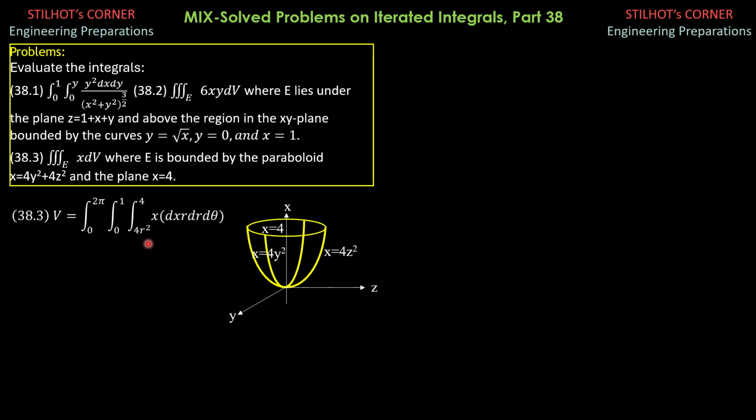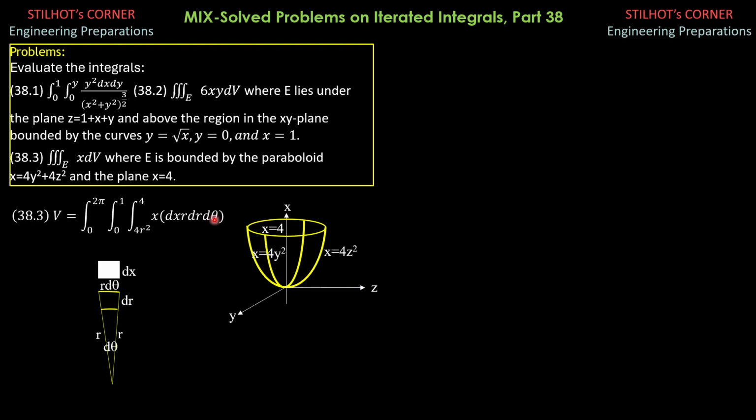And this would be the limits for x, which is 4r squared to 4. Because this is 4 times the quantity y squared plus z squared, and y squared plus z squared is r squared this time, because the x-axis is the vertical axis in this case.